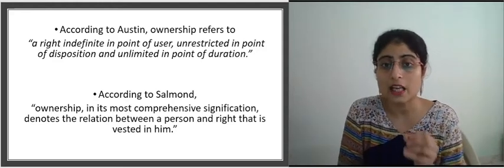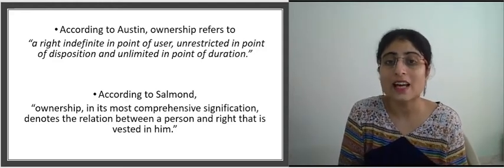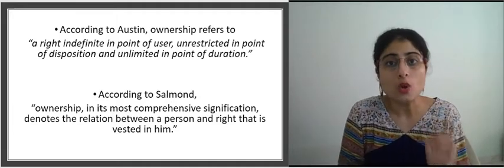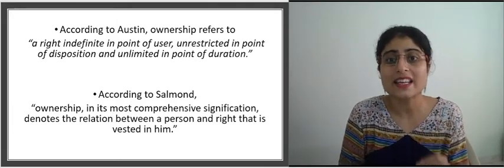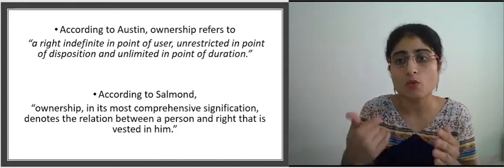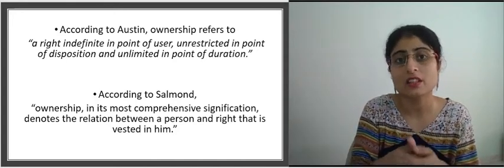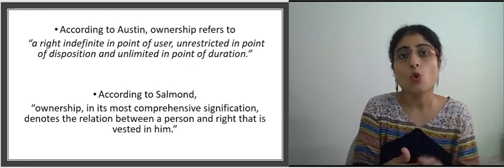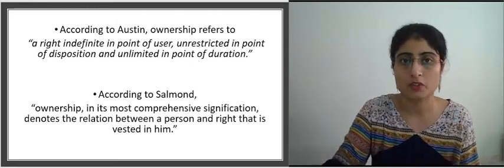That means Salmond is of the opinion that rights are vested in an individual with regard to the object that he owns. It is the relationship that gives the idea of rights over one property for an individual.